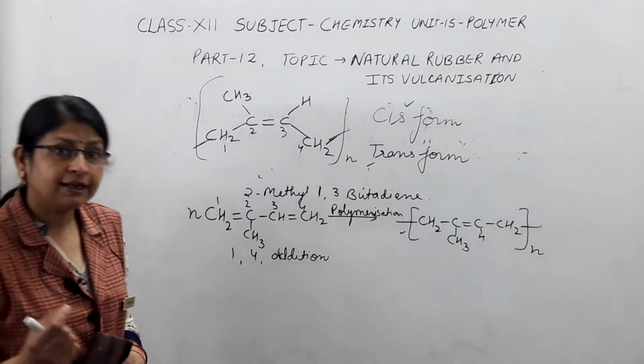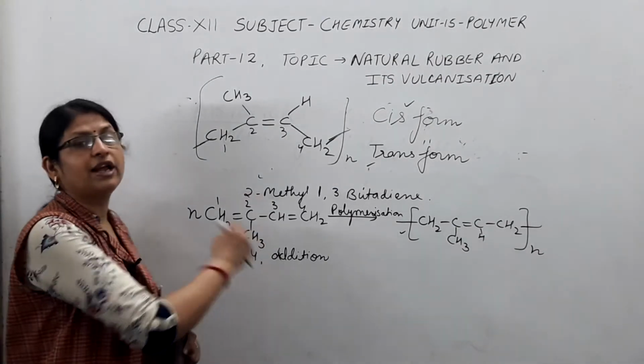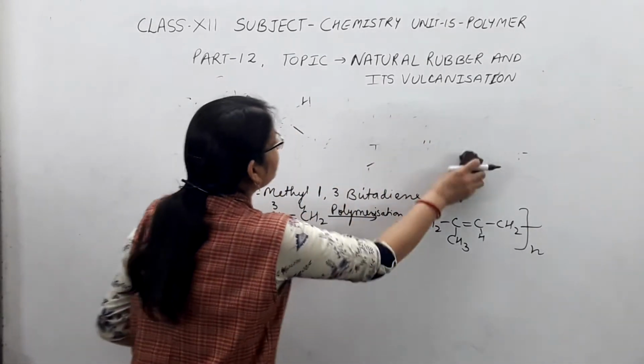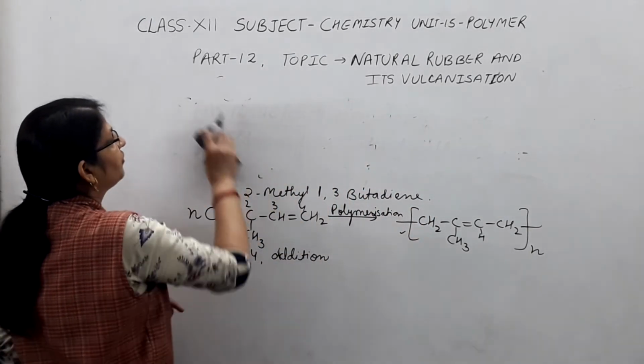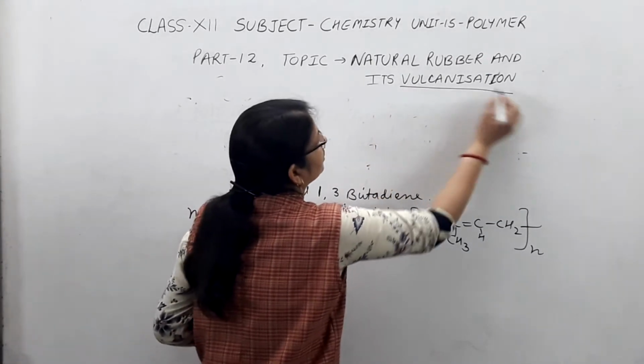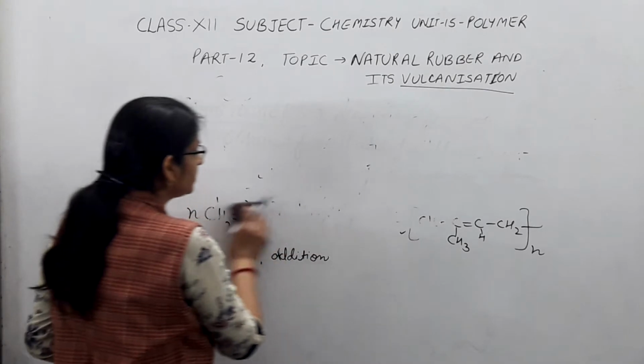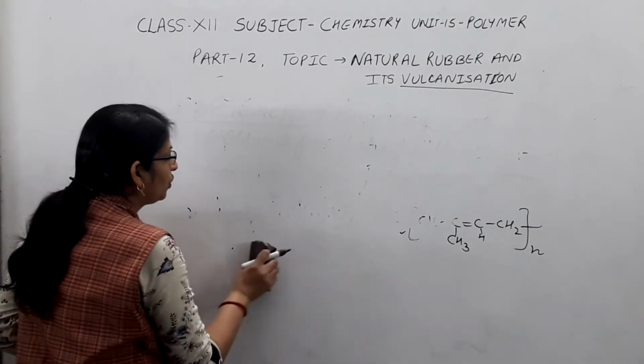So we improve the property of natural rubber with the help of vulcanization. That is the next topic of this video, the vulcanization of natural rubber. It is very, very important to improve the properties of natural rubber.